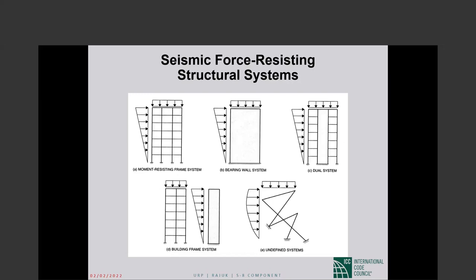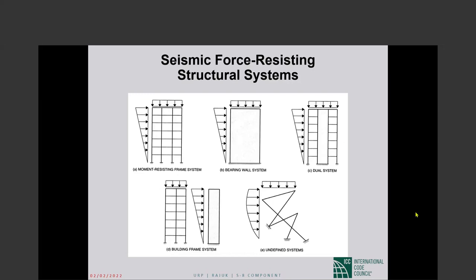Those force systems are defined systems. Then we build a whole lot else that is not defined in the code. Those fall under the umbrella of undefined structural systems, which basically have to be designed by comparison with one of the defined systems. That's pretty much what we say in the codes and standards.